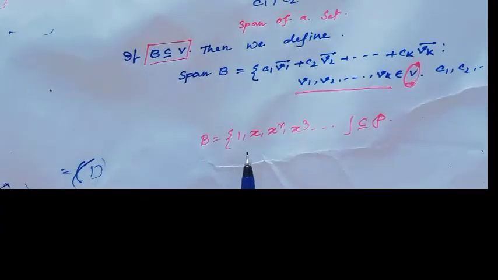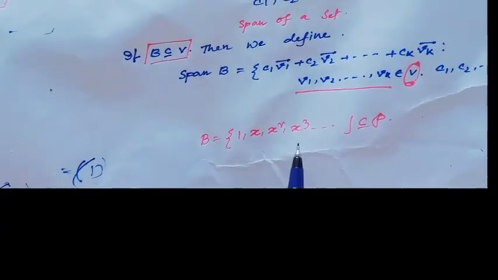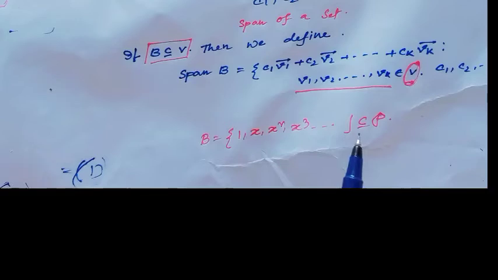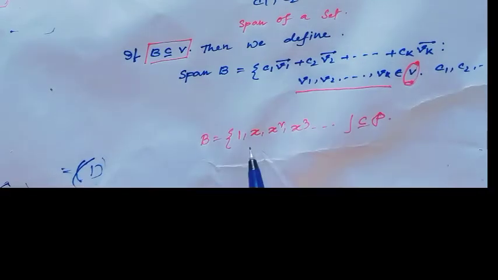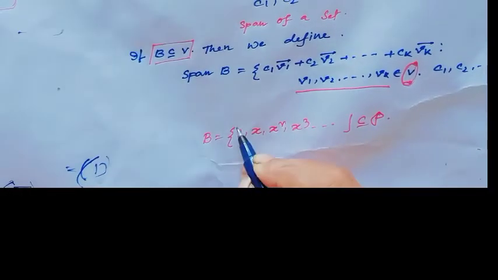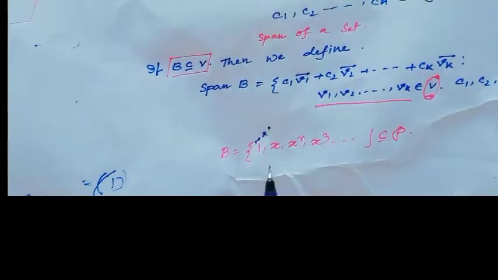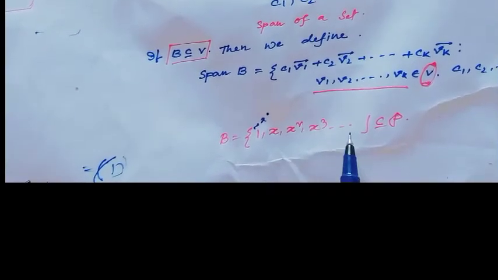We all know this topic because I have discussed it in my previous video. For example, consider the subset B equal to 1, x, x square, x cube, and so on, which is all powers of x. Here 1 means x to the power 0. Notice that by this set we can make polynomials like 1 plus x plus x square, or 2x plus x square.